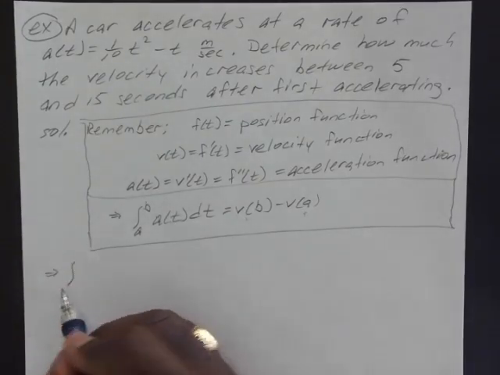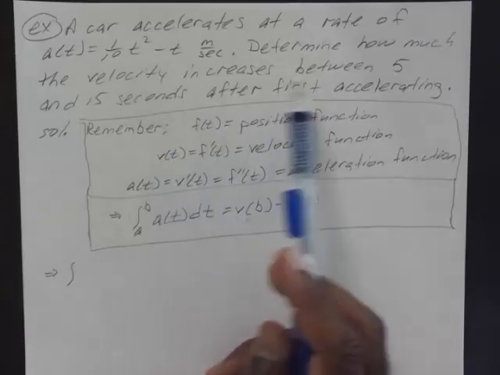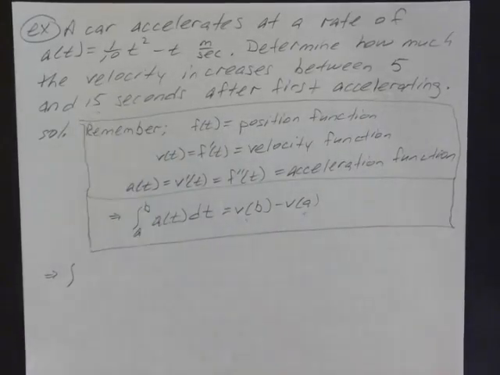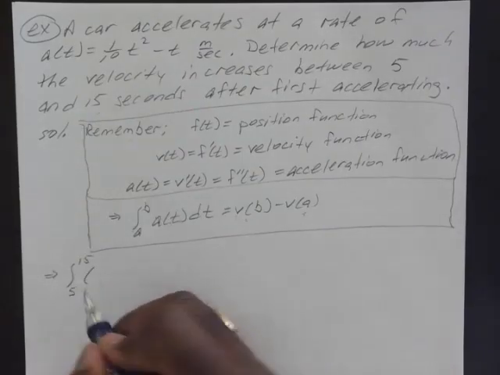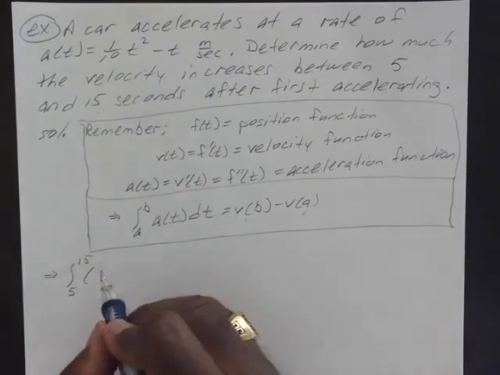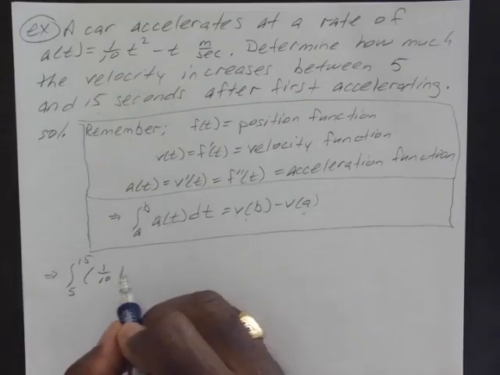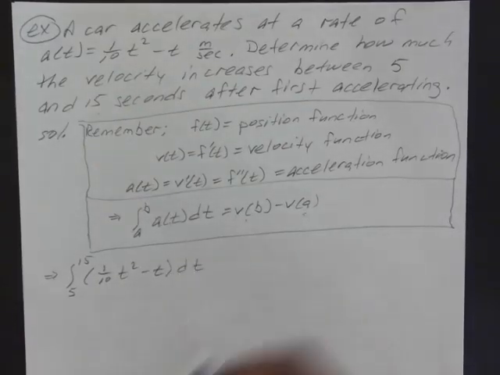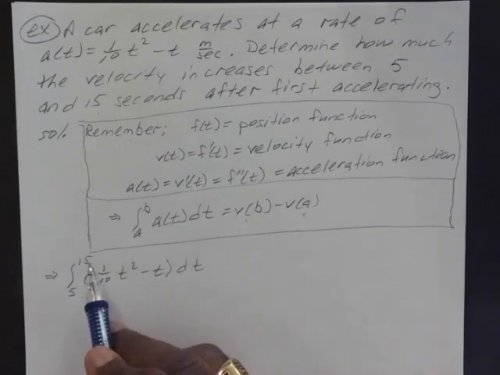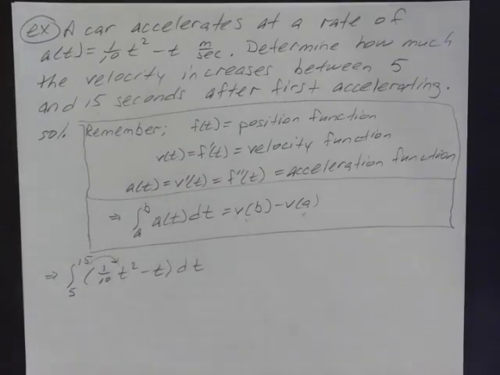Okay, so we know that we have the integral, and we're looking for between 5 and 15 seconds. So the integral from 5 to 15 of our acceleration function, 1 over 10 t squared minus t, with respect to t, and we're going to integrate both of those terms.